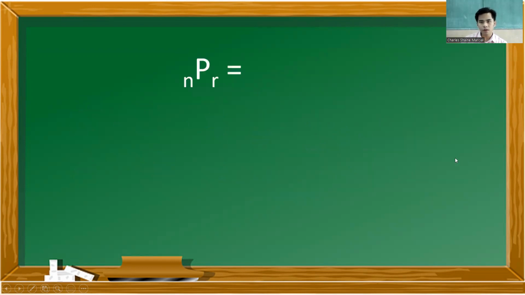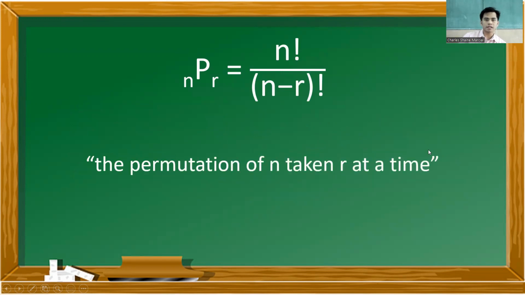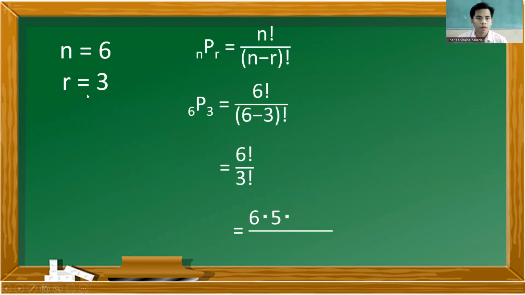Now, kung maitatanong nyo, paano ba nangyari yung solution na yon? So, this is the formula in permutations of n taken r at a time. So, we have nPr is equal to n factorial over the quantity of n minus r factorial. Okay, ang gagawin nyo is isusubtract nyo muna sa denominator yung tatlo sa total number.